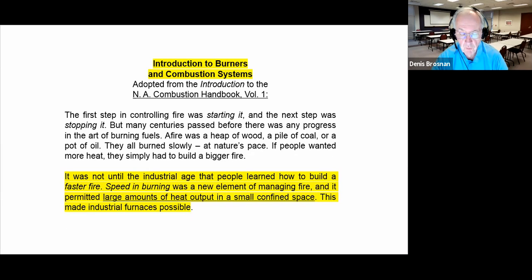It was so fast that we could then begin to make product at a much higher rate than was possible in all the societies before. So that's basically where we are today. We're trying to figure out how to produce that heat and concentrate it in one place.